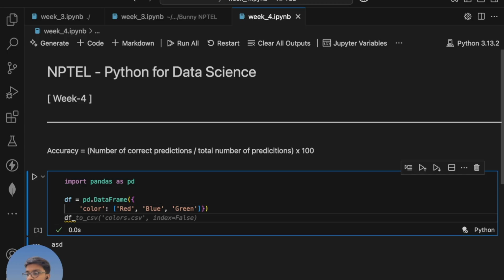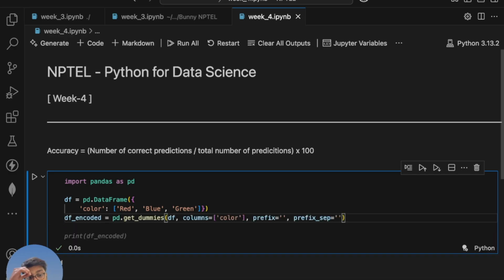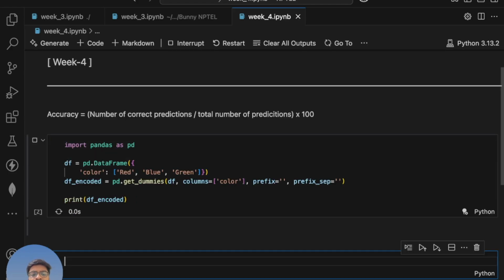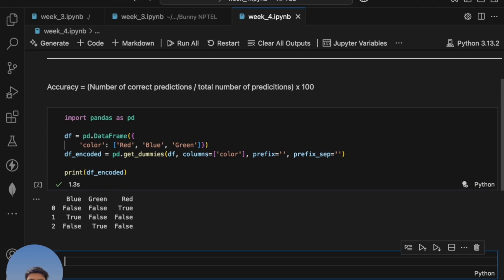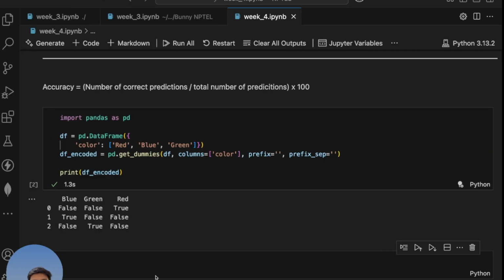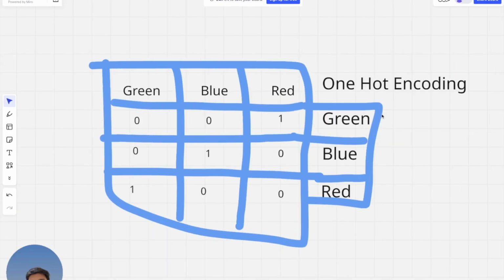df_encode_date equals this. So, what do you think? What answer might we be getting? See, it's false, false, true. Basically, false is 0 and true is 1. So it's the same thing that we did over here. 0 0 1, 0 0 1 is red.